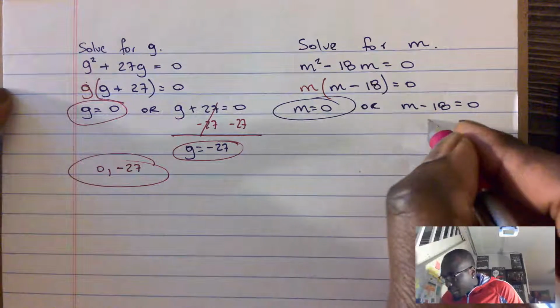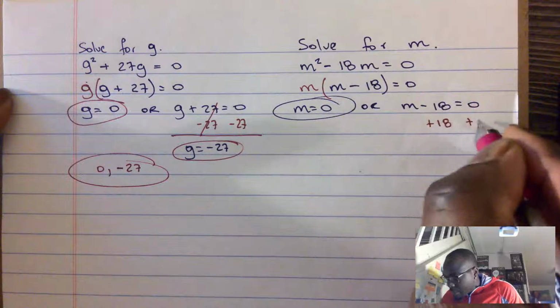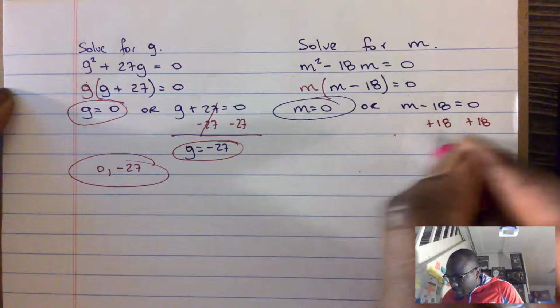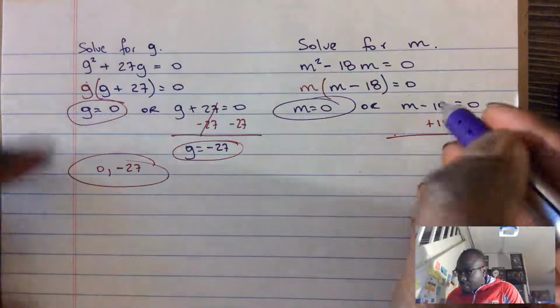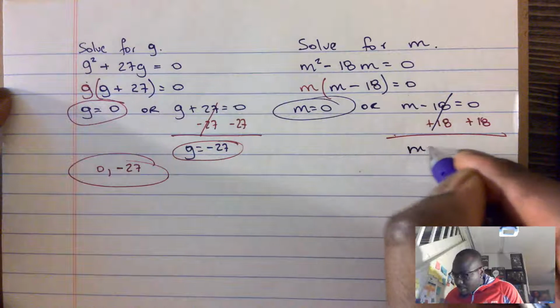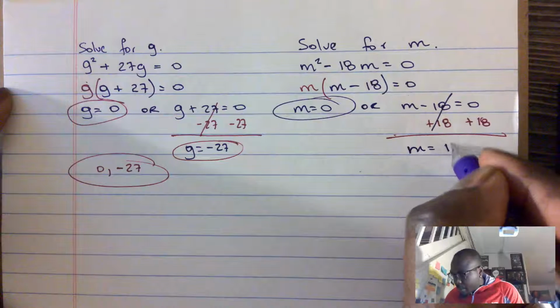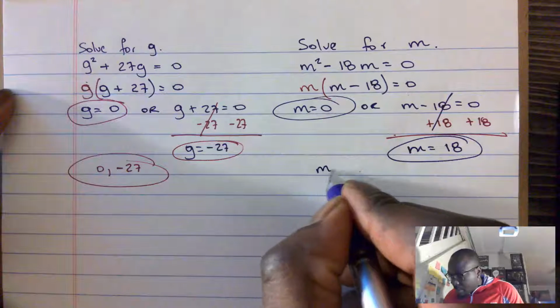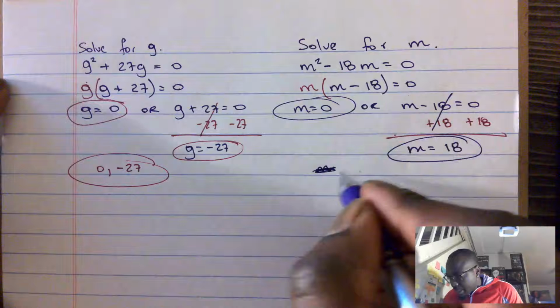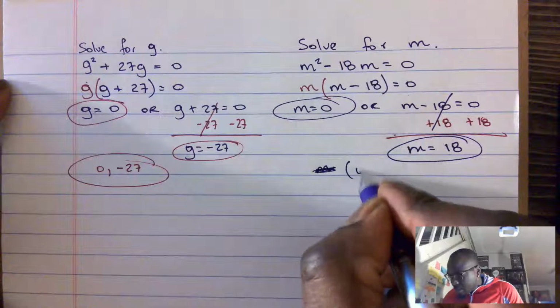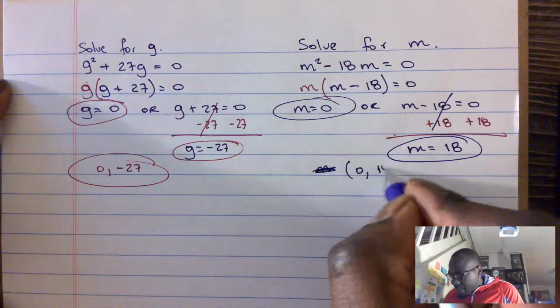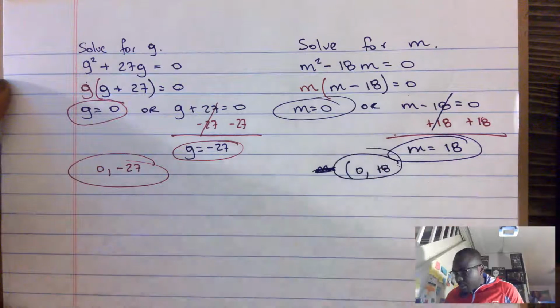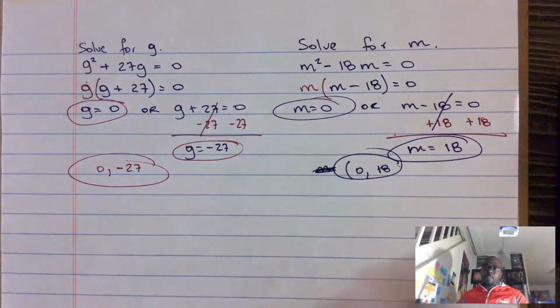But here, if I add 18 to both sides, m equals 18. So I have two answers. And those are my answers, 0 and 18.